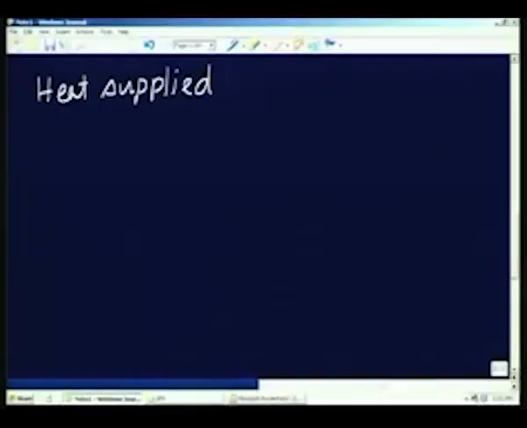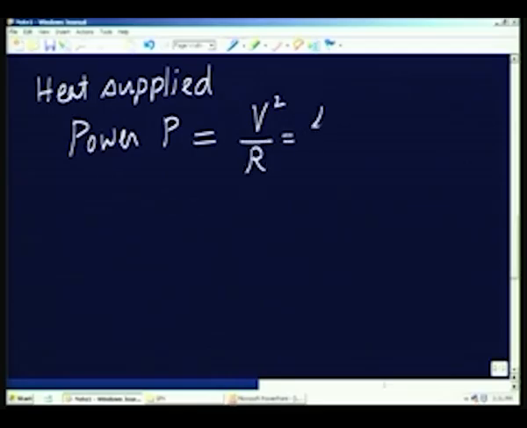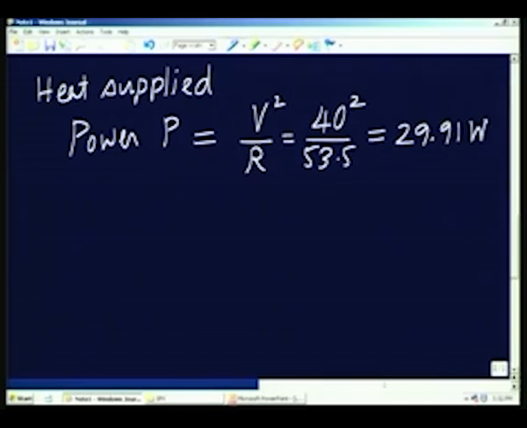So, heat supplied can be calculated as the electric power, which is given by V squared by R. This will be 40 squared divided by the resistance of 53.5 ohms. This gives you 29.91 watts.